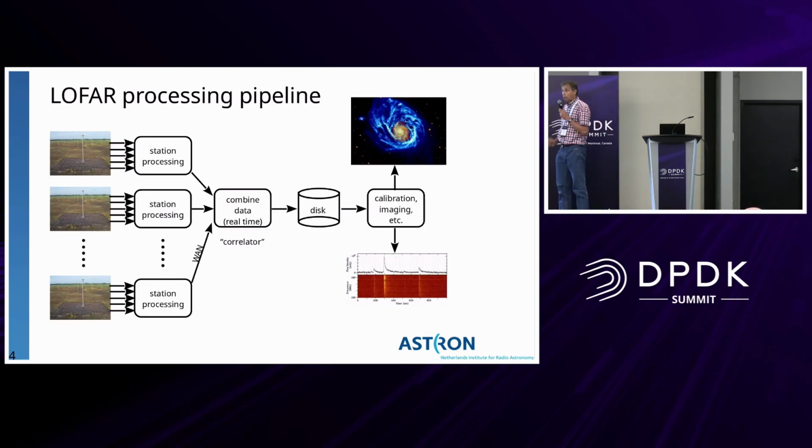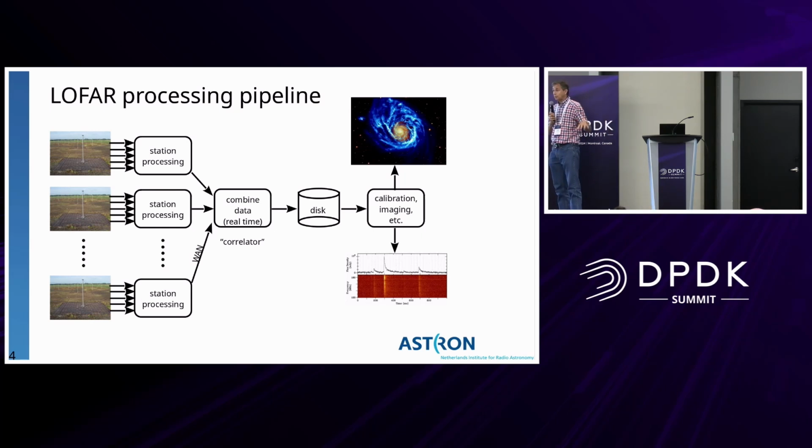And this is a simplified overview of how this works. On the left, we see these antennas. These are grouped, and the data are locally combined. Then we send the data that comes from the field over a wide area network link into a central location, which we call a correlator.